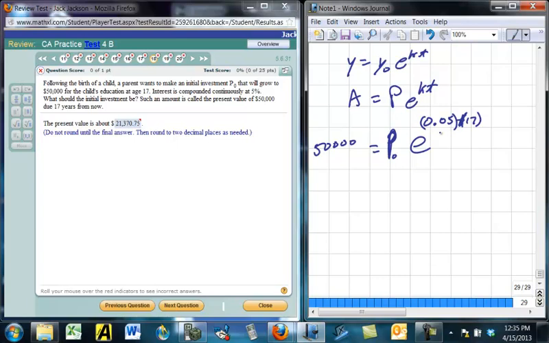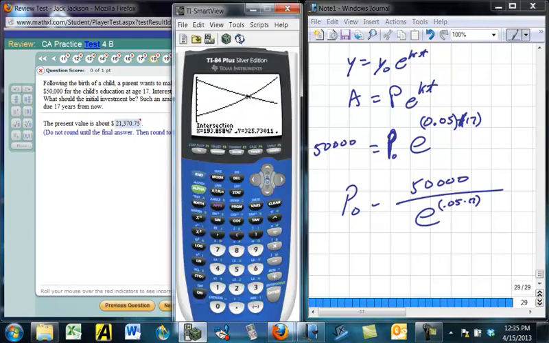Okay, so just solve for P0. So P0 is 50,000 divided by e to the 0.05 times 17. 50,000, making sure I got the right number of zeros, divided by e to the power 0.05 times 17 years later.